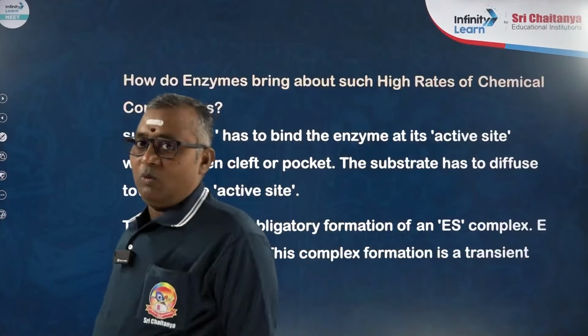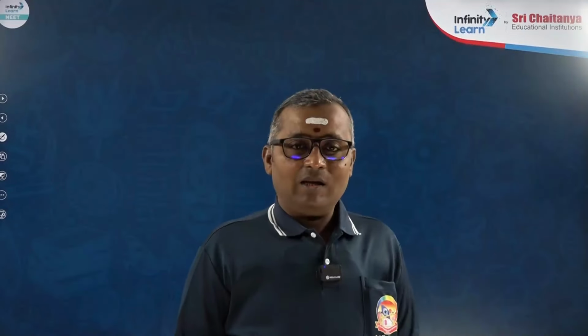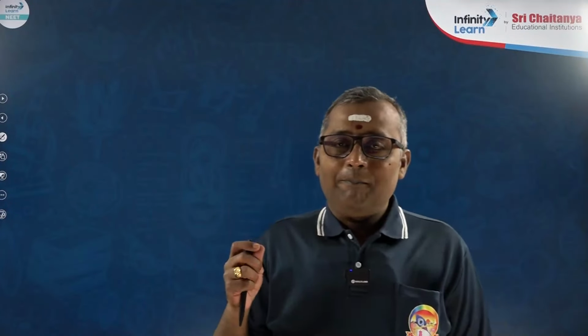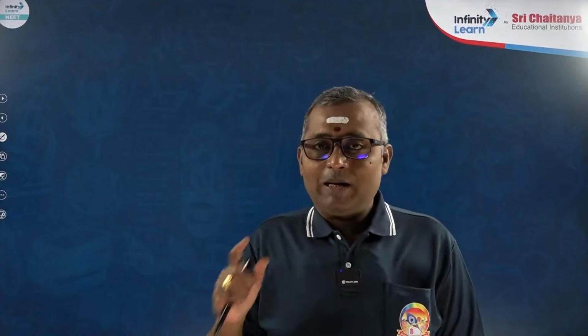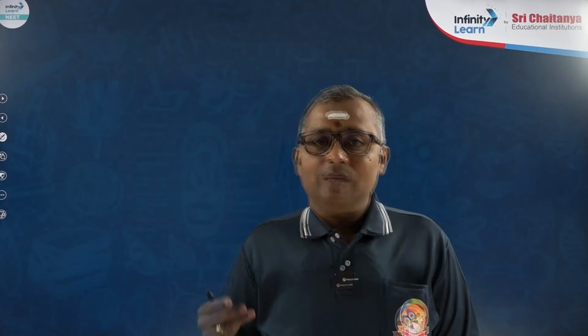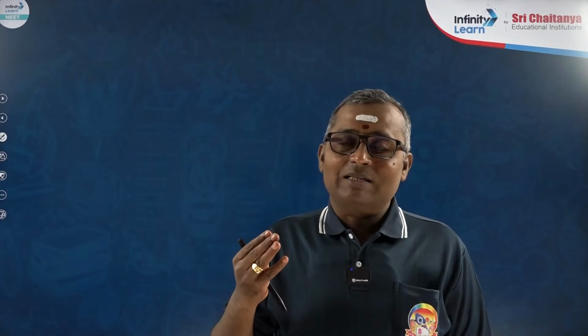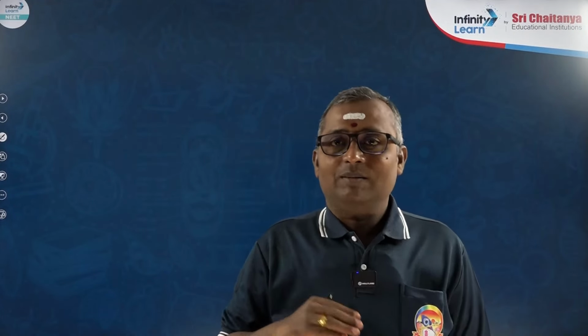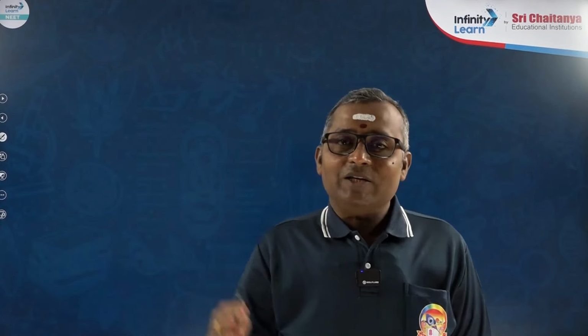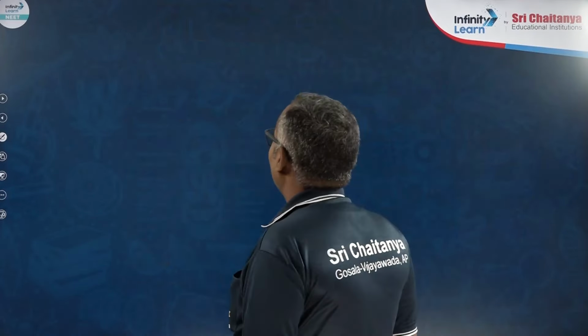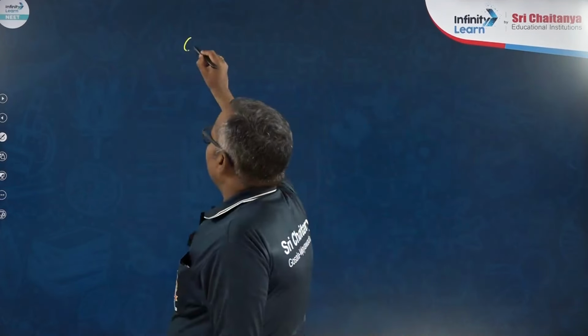Now, another most important thing is that a metabolic pathway is nothing but a multi-step reaction in which each step is catalyzed by an enzyme complex or a different enzyme itself. Let us take an example for a metabolic pathway.